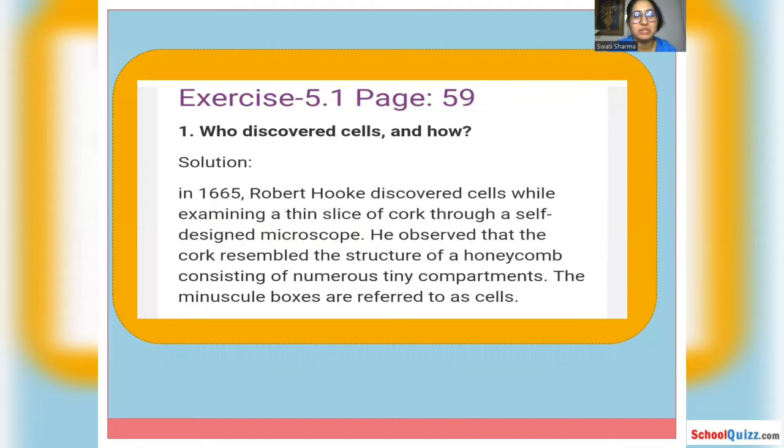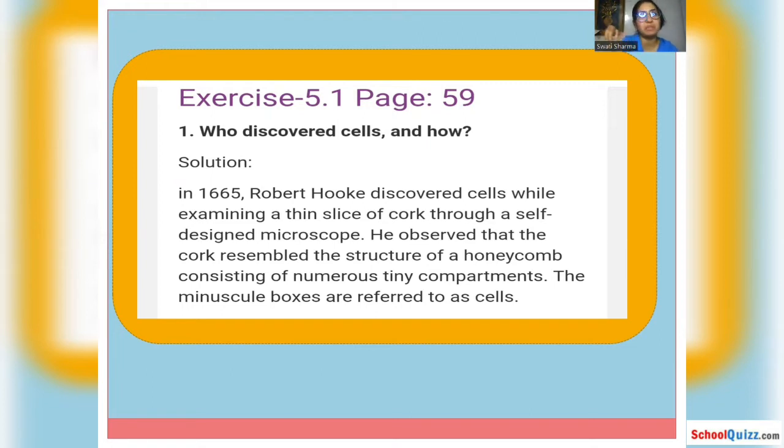So the first question is, who discovered the cell and how? As I told you before also, the cell was discovered by Robert Hooke while examining a thin slice of cork through a self-designed microscope. He himself designed a microscope with the help of which he was able to examine the thin slice of cork, and he observed that inside the cork there were some hexagonal structures like a honeycomb, consisting of tiny compartments.